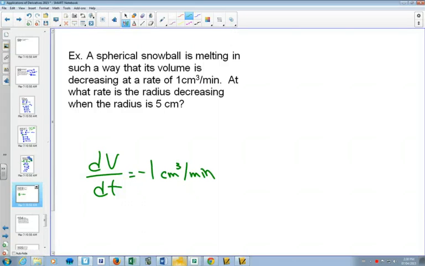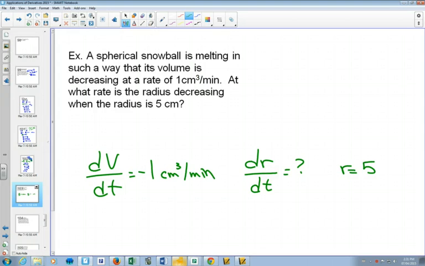And since it's decreasing, we might put a negative there. We can put a negative there, or we could solve this without our negatives and then just talk about increasing and decreasing at the end. At what rate is the radius changing, what is the change in radius with respect to time? That's what we want to find when the radius is 5 centimeters. So at the specific time that the radius is 5 centimeters.